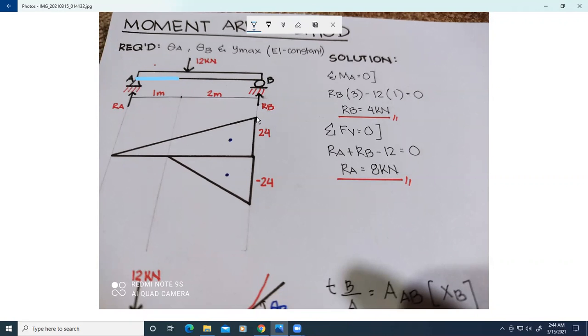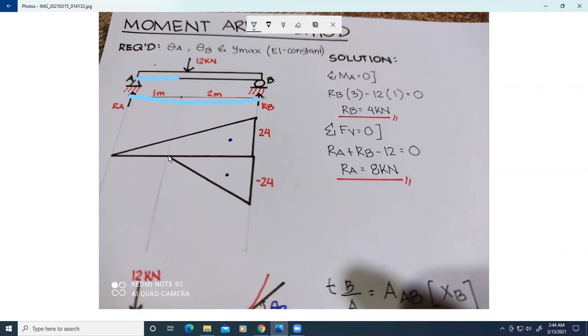First, we need to assume a fixed point. In this problem, I assume the fixed point at point B. RA will be 8 times the distance to point B, which is 3. So 8 times 3 will give us 24 kilonewton meter.